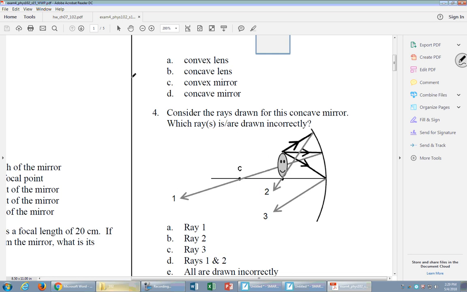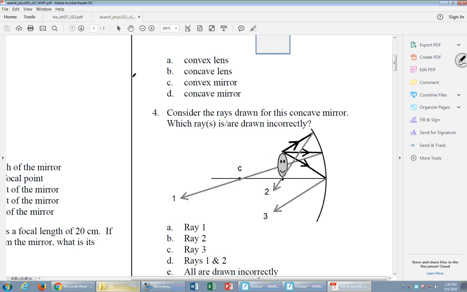Well, they should have no image formed. Right? You're right about that, that there should be no image. Which ones are wrong? 2 is wrong, because this ray right here should go through the center of curvature. It should come here and then go back on itself and go in that direction.